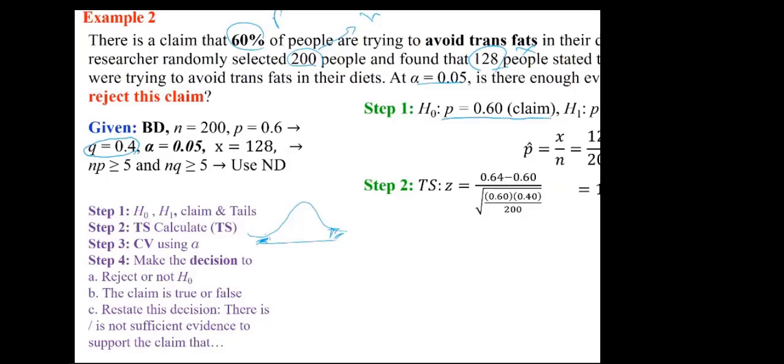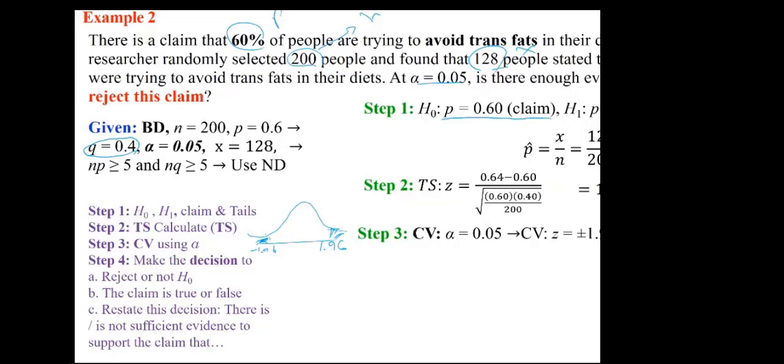Because it's a two-tail test, you look up the table and it's one of those common ones. It's plus or minus 1.96. So this is negative 1.96. This is positive 1.96.